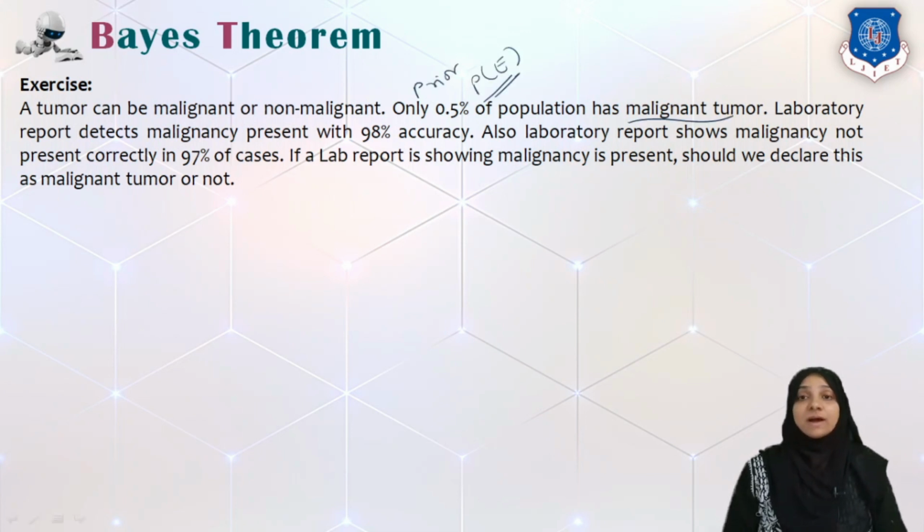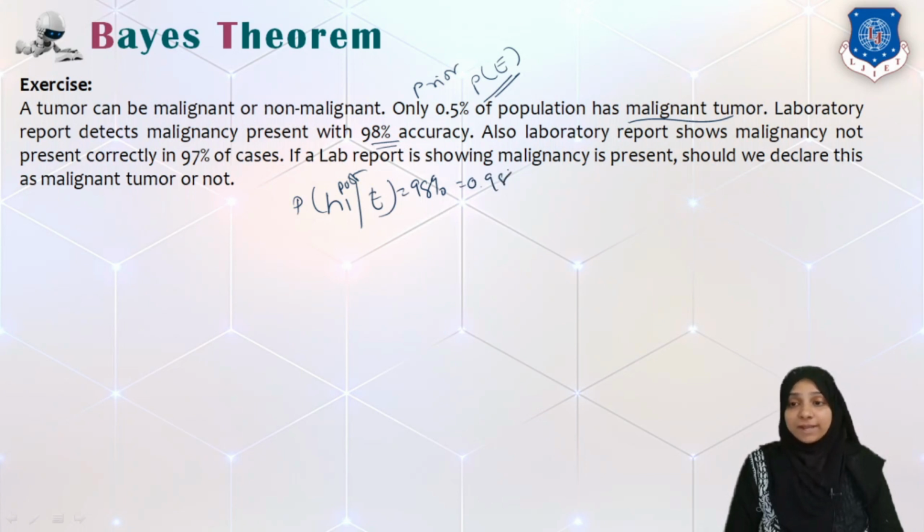Now, laboratory test reports detect that malignancy is present with 98% accuracy. That means we know that it is a malignant tumor, that evidence is already given. The test result is positive with 98%, that is equal to 0.98.